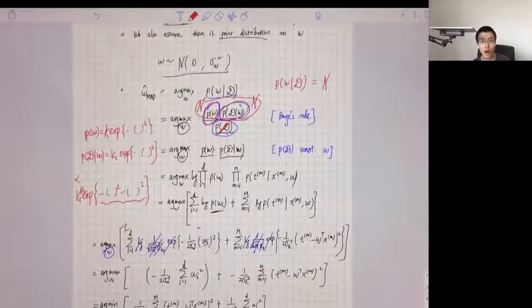Then it gives you the posterior, also a Gaussian. So your prior is a Gaussian. After you multiply the Gaussian likelihood, you get a Gaussian posterior. So in this case, it's known as the conjugate prior.